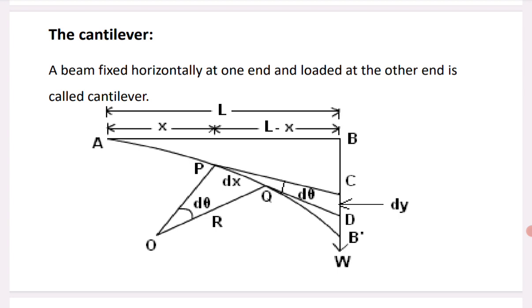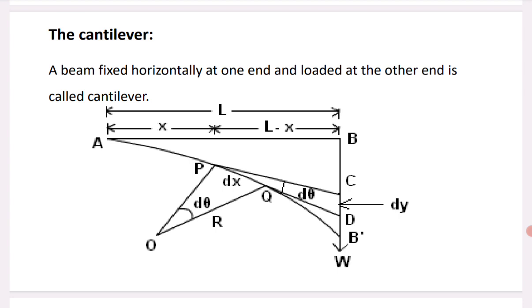Let us consider an arbitrary point P which is at a distance x from the fixed end and L minus x from the free end. Consider a small portion of the cantilever PQ, where PQ is nothing but an arc of a circle.